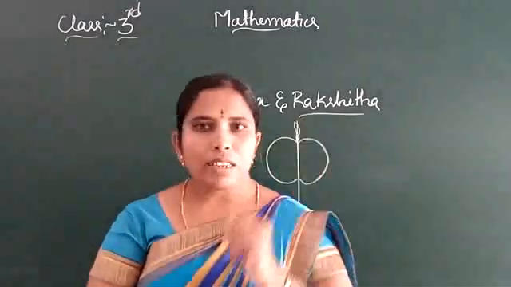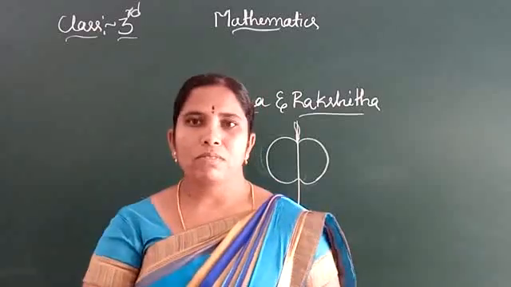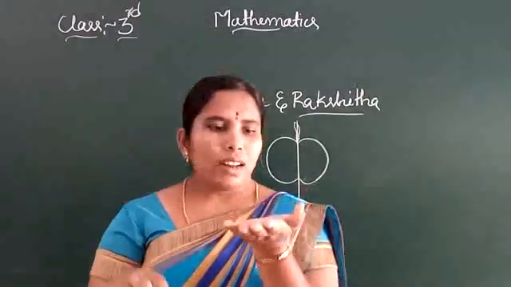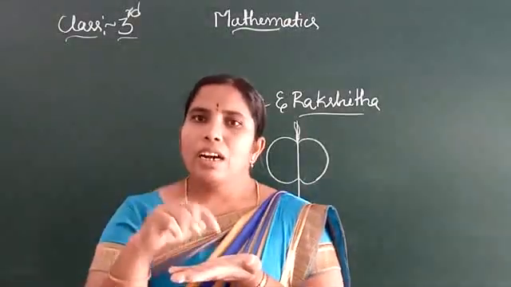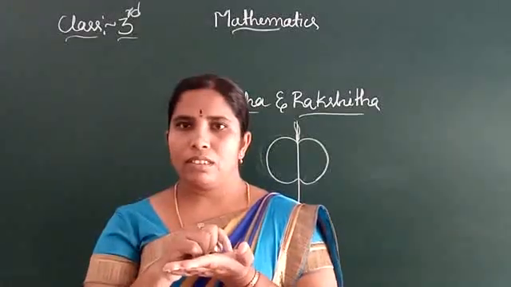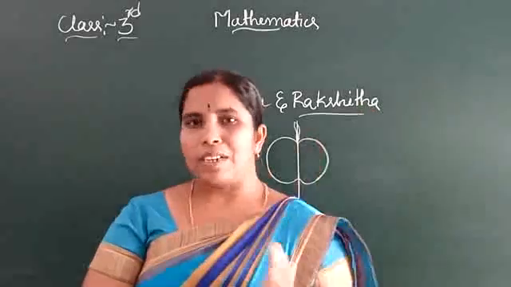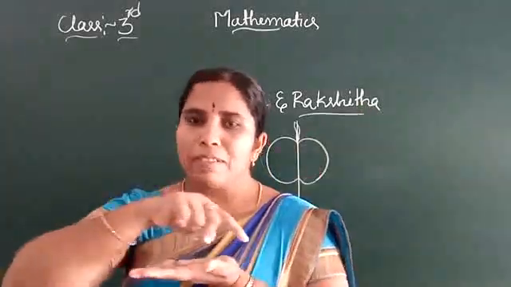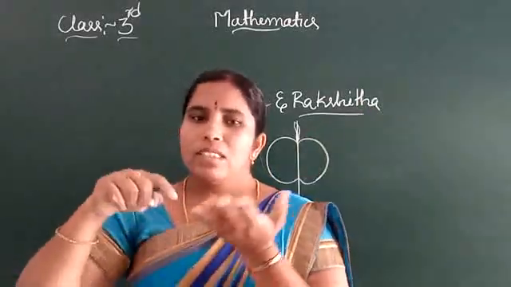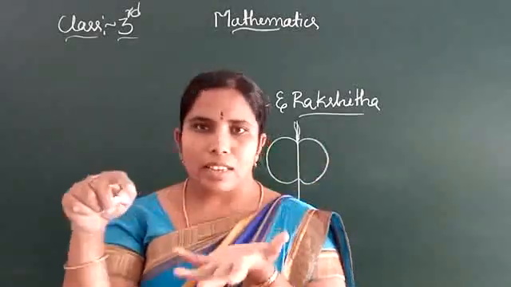So one more example I will give you. Here 8 close friends are there: Rekha, Rakshita and then 6 friends. Totally there are 8 friends. Here one cake is there.